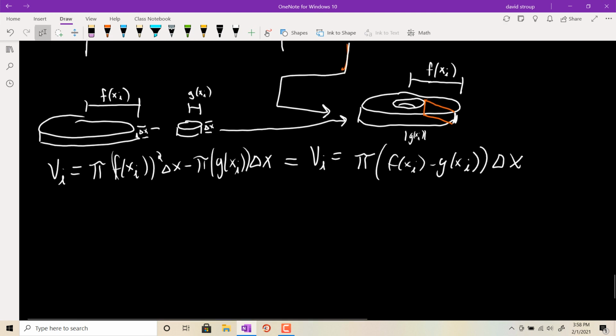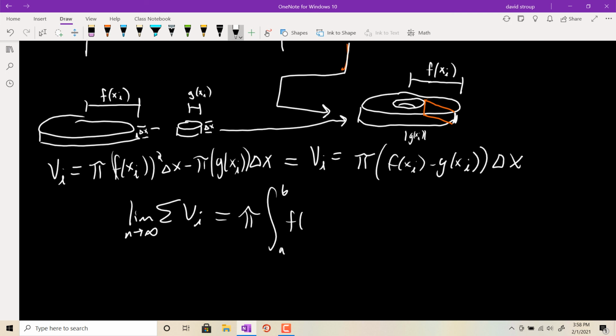Ultimately then the Riemann man is running across and adding all these volumes up, and then we take the limit as the number of those washers goes to infinity, and we end up with our second integral for the washer, which is pi times the integral going from a to b of f of x squared minus g of x squared dx.